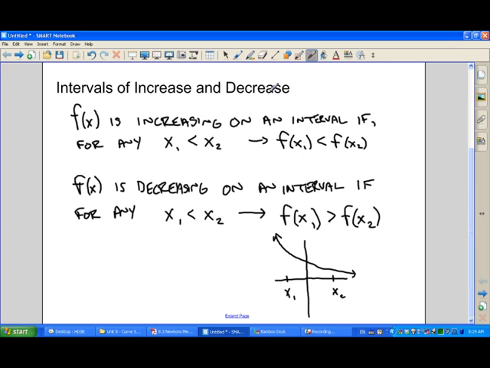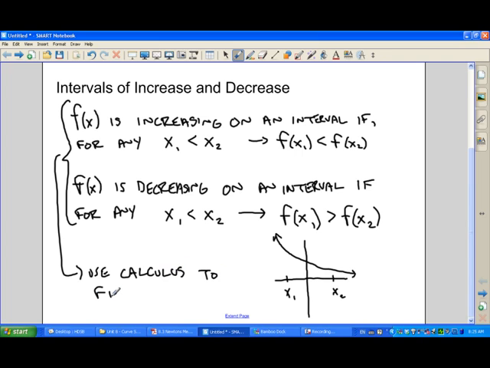So this working definition is good for us, but what we want to see is how can we use calculus to find these intervals of increase and decrease.